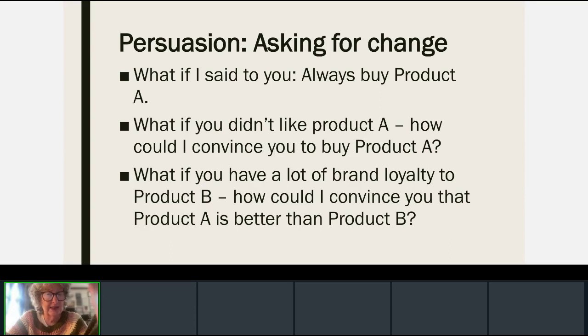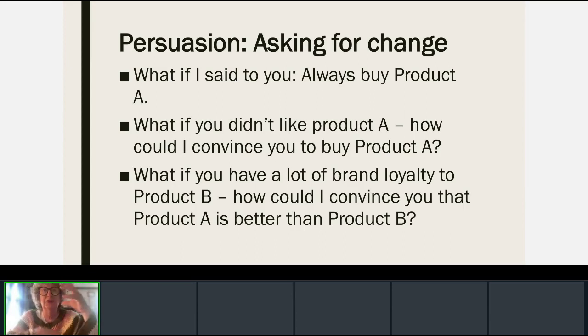Okay. Let's say that I'm kind of pulling on you to try product A, but you've got what we call brand loyalty. You really like product B because it's a member of a certain type of car maker or a certain type of computer or something like that.